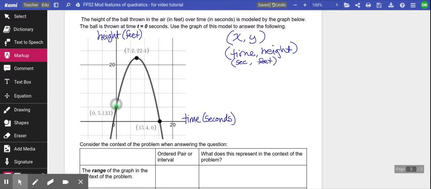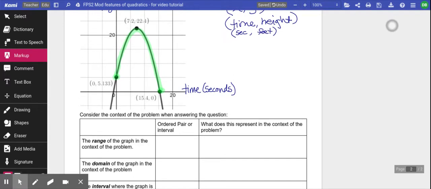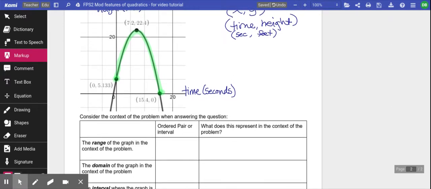And when we throw the ball, it's going to go up, then it's going to come back down, and eventually, as long as there are no holes in the ground, the ball is going to hit the ground. Okay? So the first two things that we ask you to consider are what is the domain and what is the range of our problem in context.